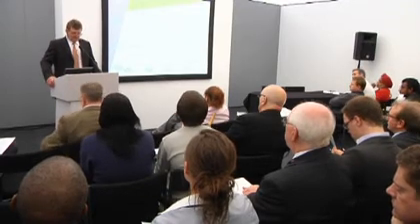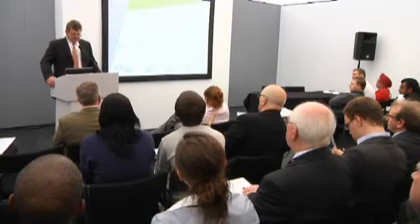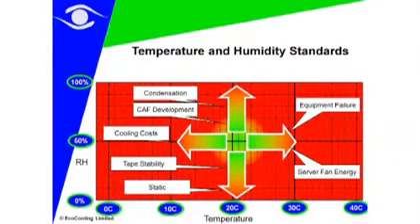So let's look at temperature and humidity. Left side of the axis is relative humidity, temperature across the bottom. Now, most people believe they've got to maintain their data center or server room in that patch there, around 21 degrees centigrade and around 50–55% relative humidity.